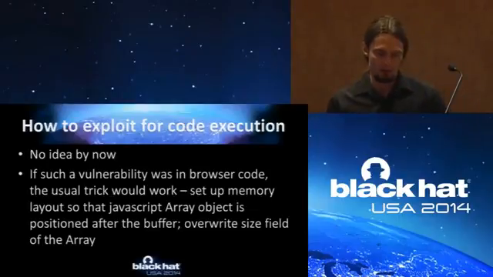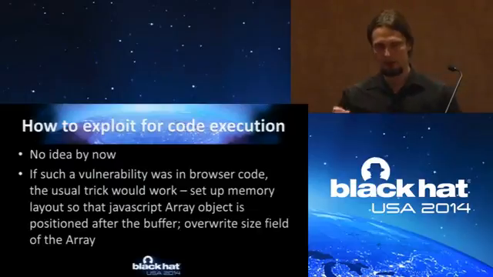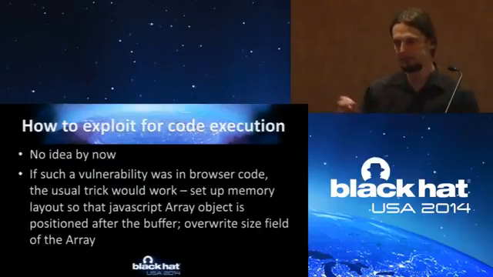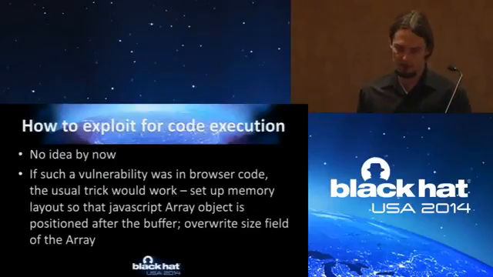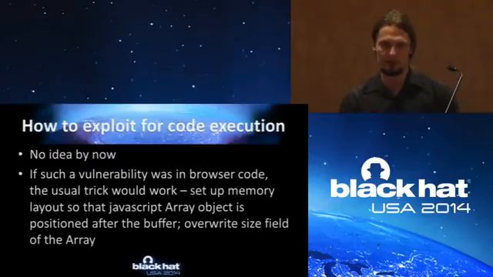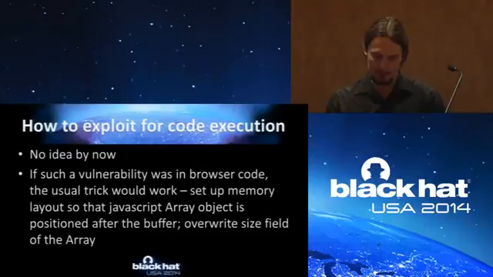What you would do is arrange the memory layout so that after our buffer with the path name, there would be an array object. And one of the fields in an array object is a size. So what you would use this memory corruption for is to change the size of the array object. And then after that, it's more or less game over. So again, it shows that real exploitation is much more difficult in real life.